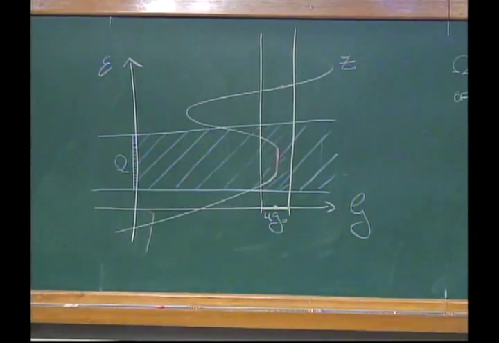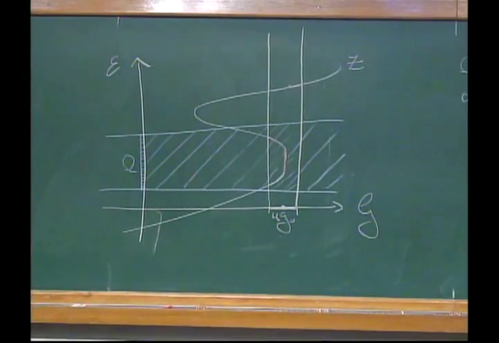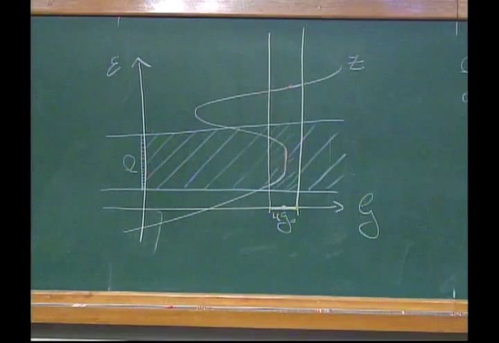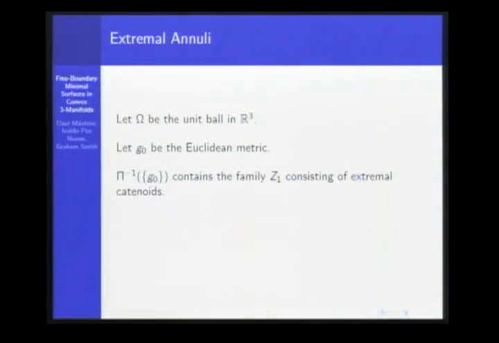And we already studied this at the beginning of this lecture, that pi minus 1 G0 contains this family Z1 of extremal catenoids. And we know this family is a compact, two-dimensional family of embedded surfaces. And as I already showed you earlier on at the beginning of the lecture, this family is diffeomorphic to two disjoint copies of R2.